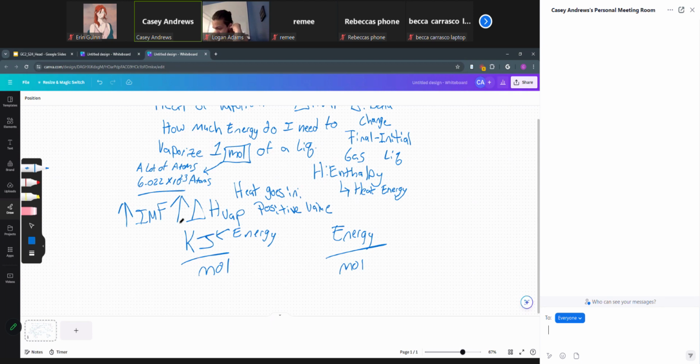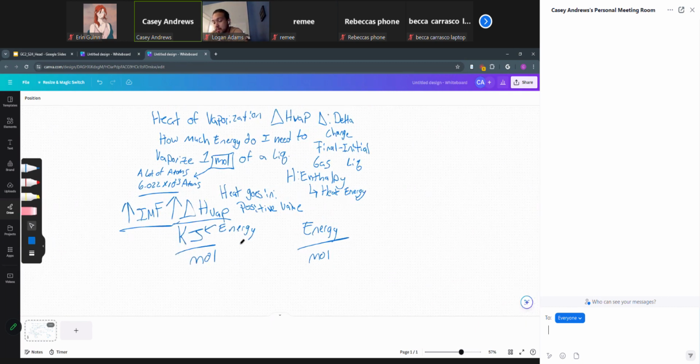The process we're looking at is vaporization. So these units are saying how much energy in kilojoules do I need to vaporize 1 mole of substance? The stronger my intermolecular forces are, the more energy I need. That's why that value goes up. Since I'm putting heat in, that is a positive value. Any questions about the definition of heat of vaporization?